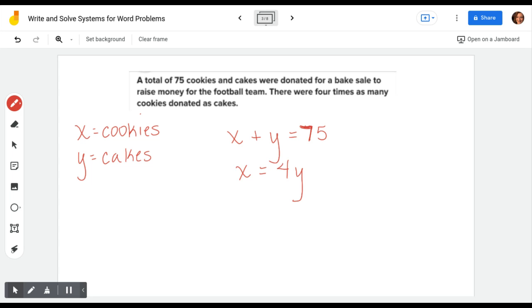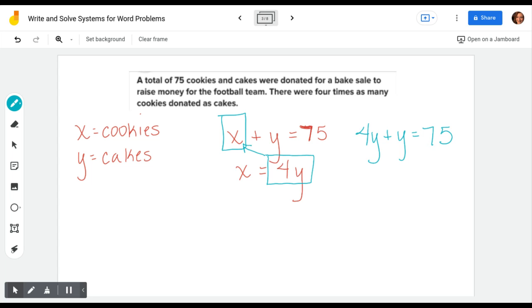Okay, so now to solve this thing, I've already got one variable by itself. So I'm going to take that expression for X and I'm going to replace X in the other equation with it. So I'm going to rewrite that top equation, but instead of saying X, I'm going to say 4Y. 4Y plus Y equals 75.